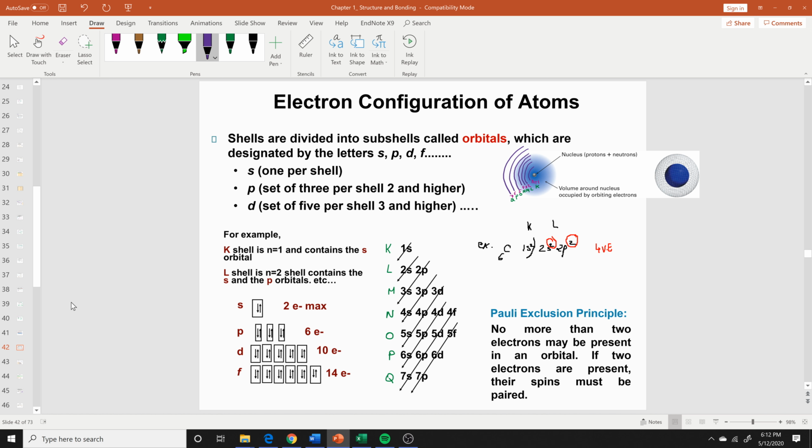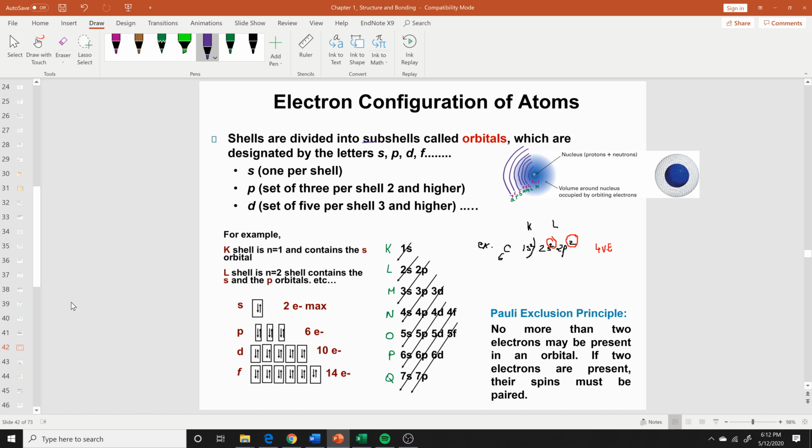Electrons reside in these shells. And to have electrons in these shells, we're going to divide these shells into subshells. And the subshells are the ones you are used to: the s, the p, the d, and the f. This is how you draw your electronic configuration, and this is how electrons are present in an atom.